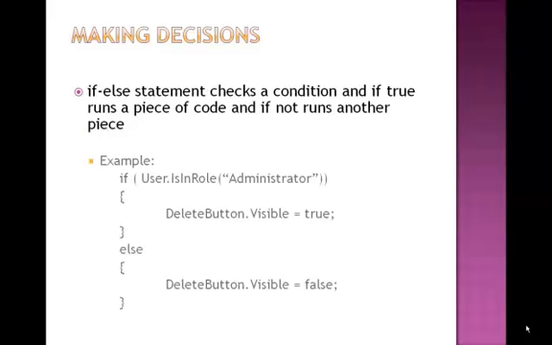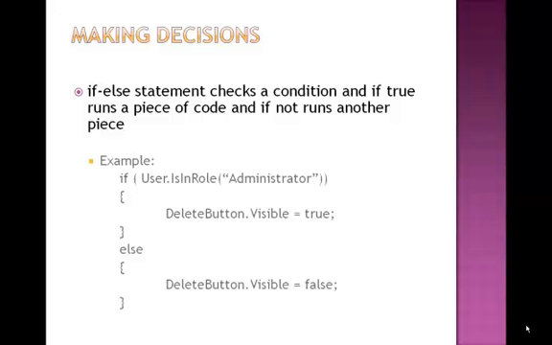If we want to run two mutually exclusive parts of code depending on the truth or the falsehood of a condition or a statement, we could use an if-else statement. In the if-else statement, if the condition evaluates to true, then the relevant code in the if statement will be run. Otherwise, which is when the statement is false, the code that is written in the else block will be run.